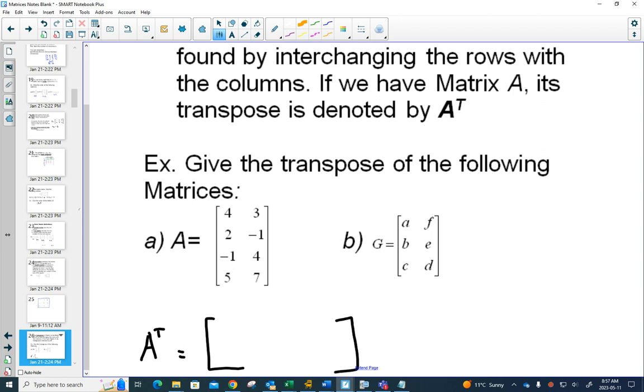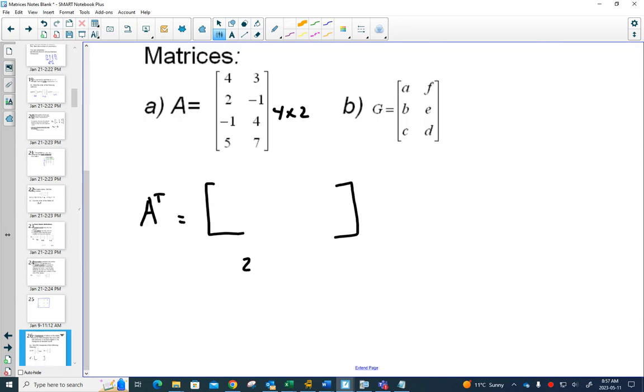It was a 4 by 2. The transpose will be a 2 by 4. Row 1 was 4, 3, so that means column 1 becomes 4, 3. 2, -1, -1, 4, 5, and 7.